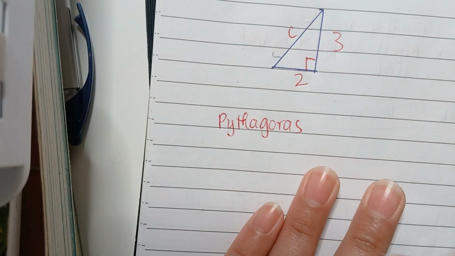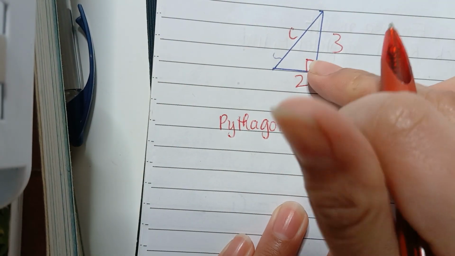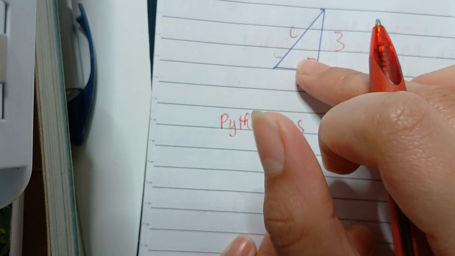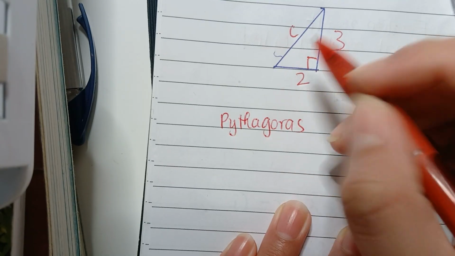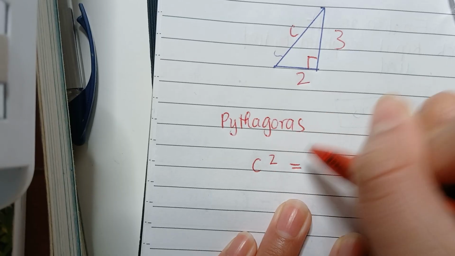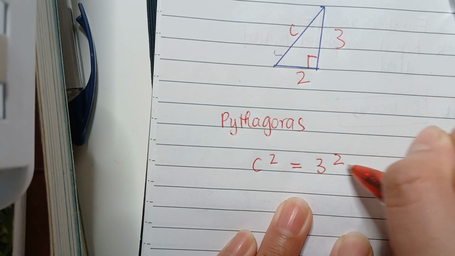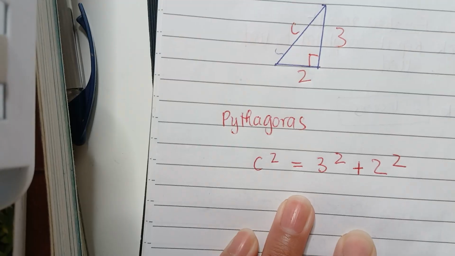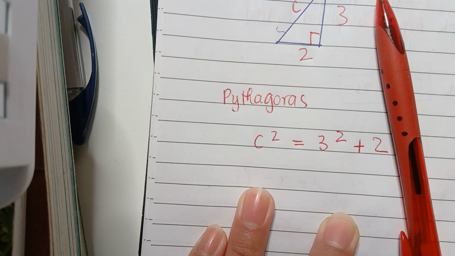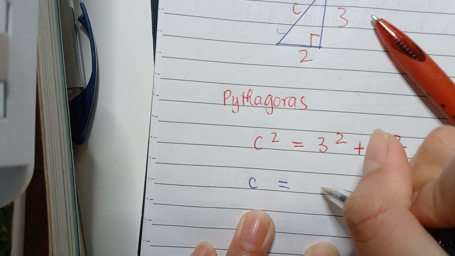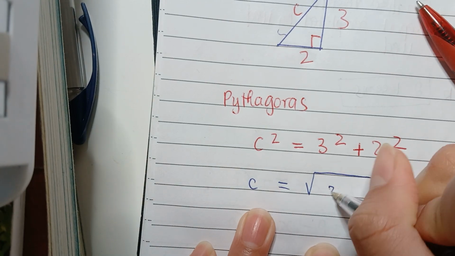So Pythagoras theorem says that the side opposite the right angle, c squared, equals the other side lengths squared added together. In order to look for c, you take the square root.